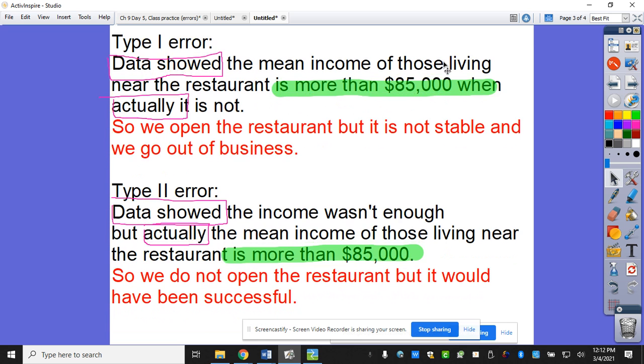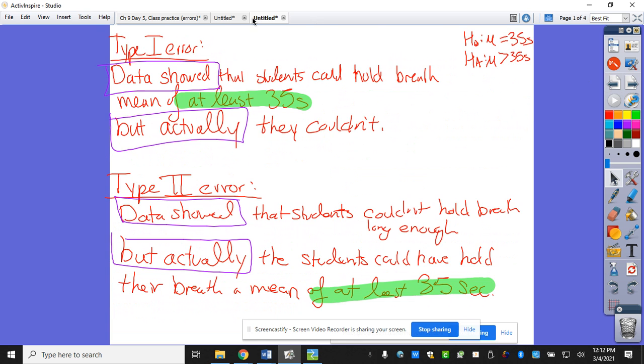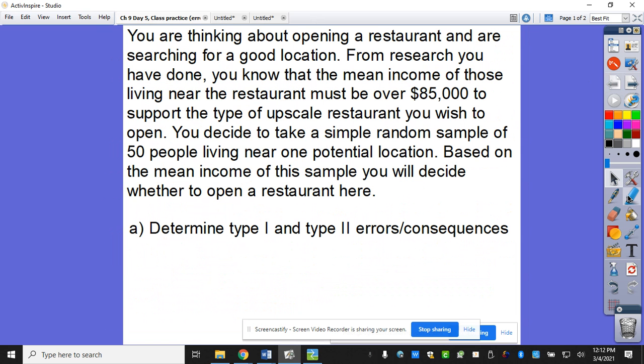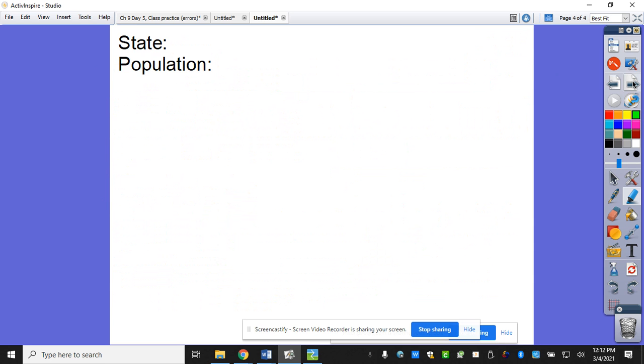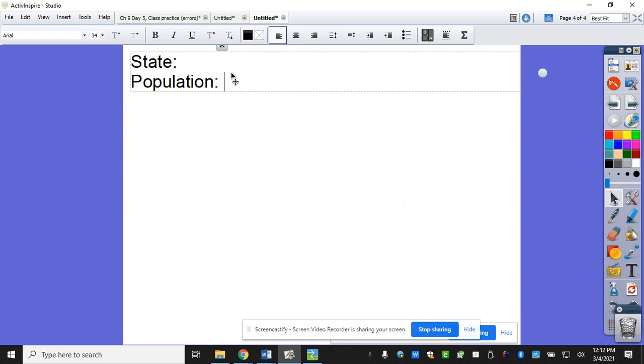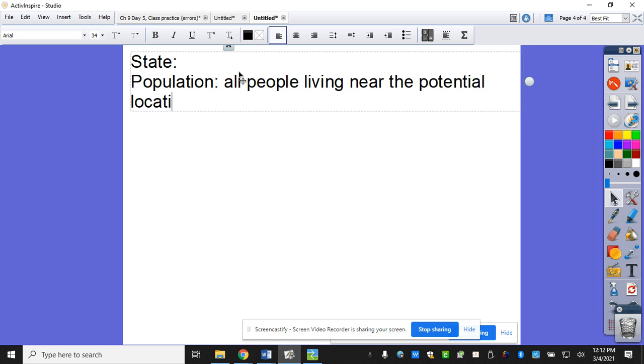People living near restaurants. Those living, yeah. Which one are you doing? I'm just writing the population, the mean or those living near the restaurant? Yep. Or the potential location? Yeah. Potential location, potential restaurant. What's our next thing?